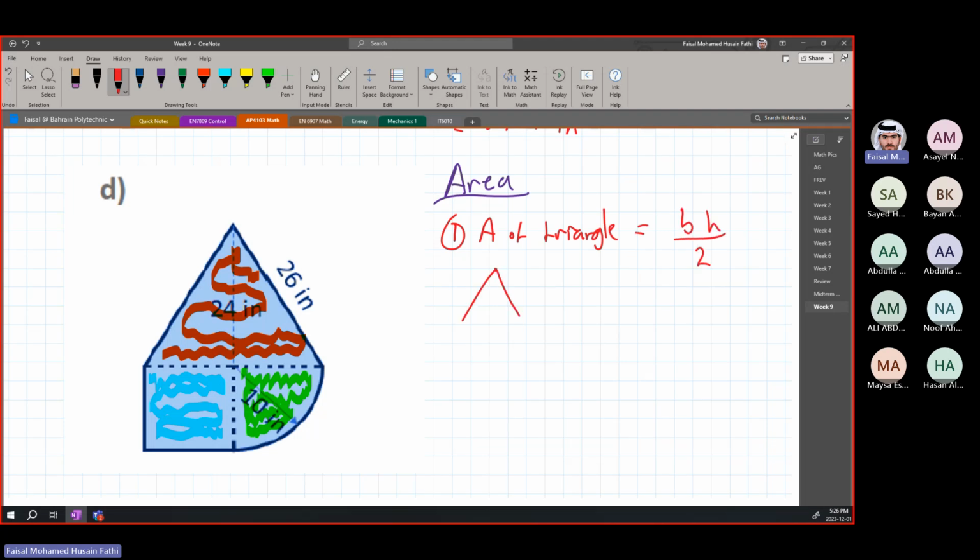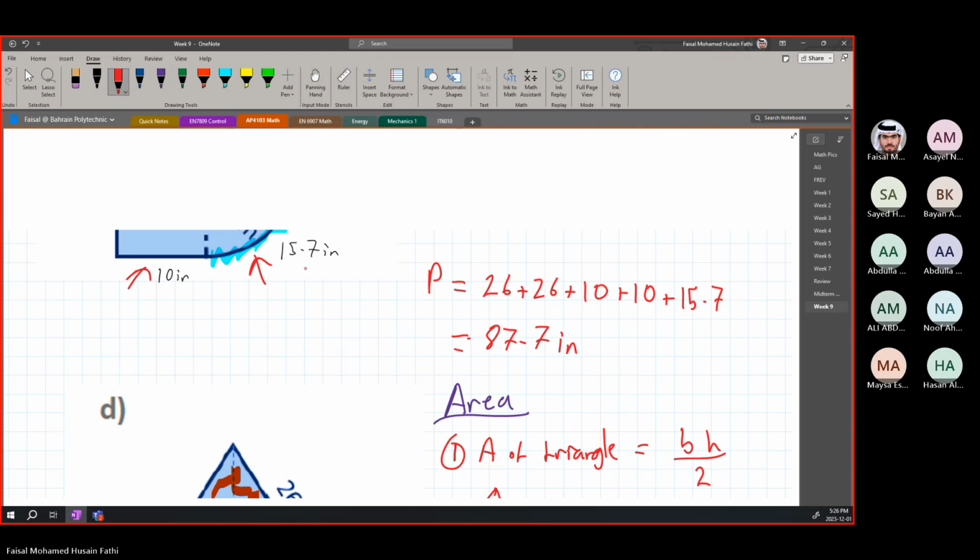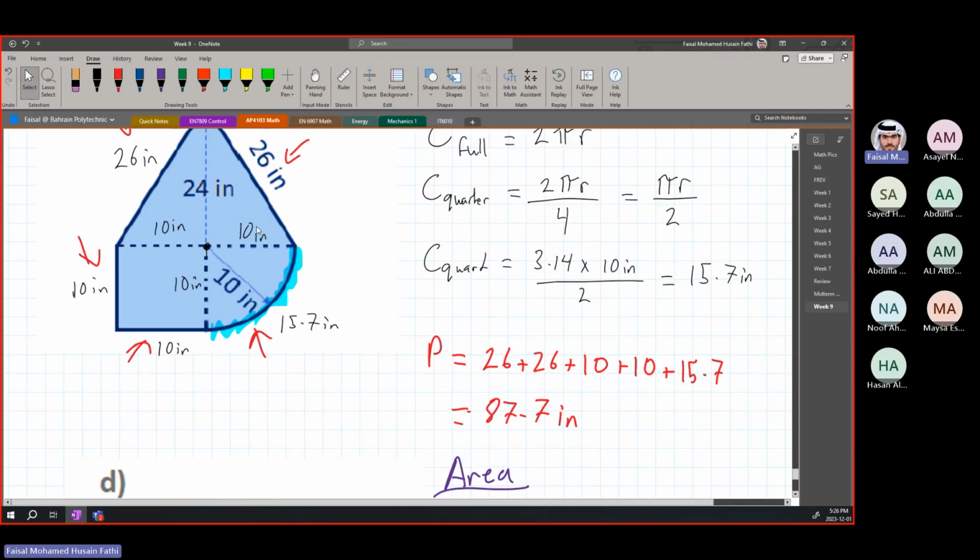If we draw the triangle really quickly, this is 24 inches. And the bottom part. What is the bottom part? We know that this is the radius times 2, so this is just 20. Again, how did we get this 20? If we look back at the perimeter, the shape of the perimeter, we know that this is 10 inches.